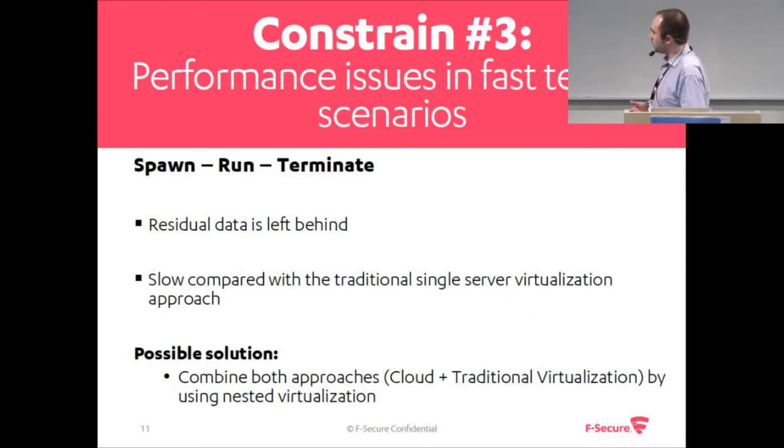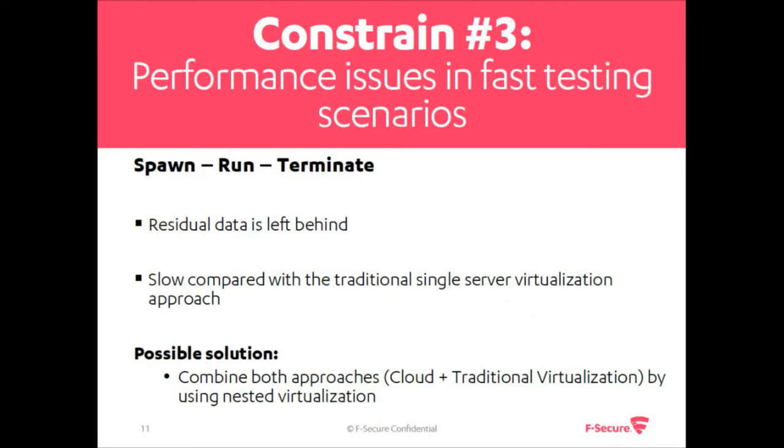But one of the most common scenarios in my team is the fast testing scenarios. I'm not sure if you have the need or already tried to do this, but try to create, execute, and terminate an instance thousands of times per hour in a cloud.